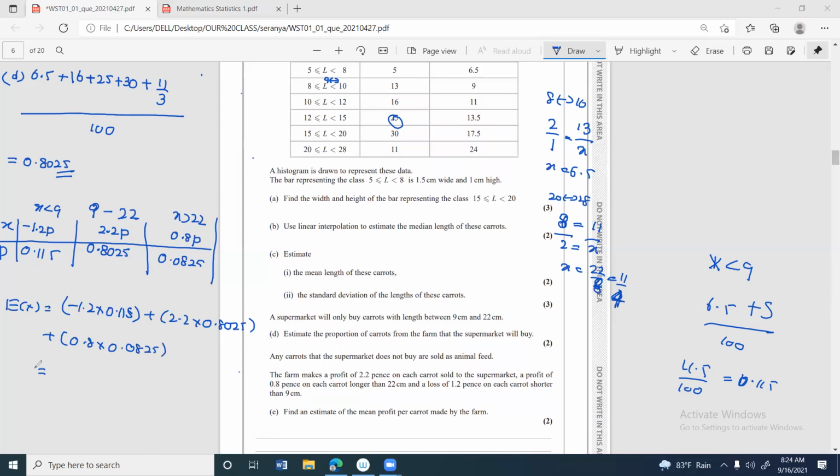It turns up to minus 1.2 into 0.115 plus 2.2 into 0.8025 plus 0.8 into 0.0825. So the profit would be 1.6935 pennies. So only 1.69 pennies would be the estimated profit you can gain from this business.